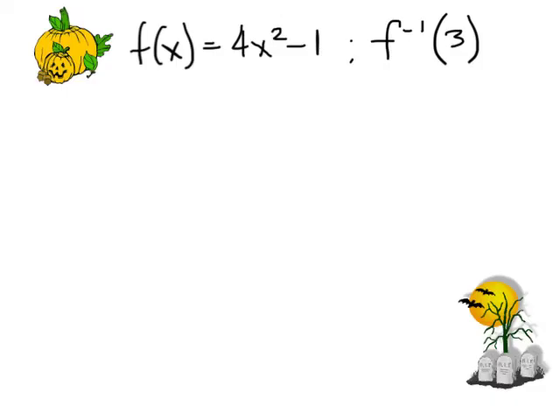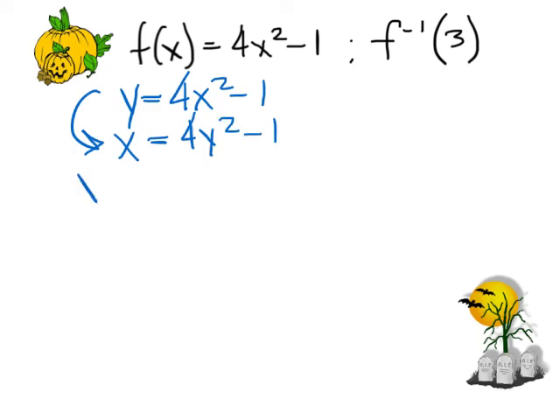Practice problem number 4. y equals 4x squared minus 1. Interchange x and y, and then move the minus 1 to the left, make it plus 1.